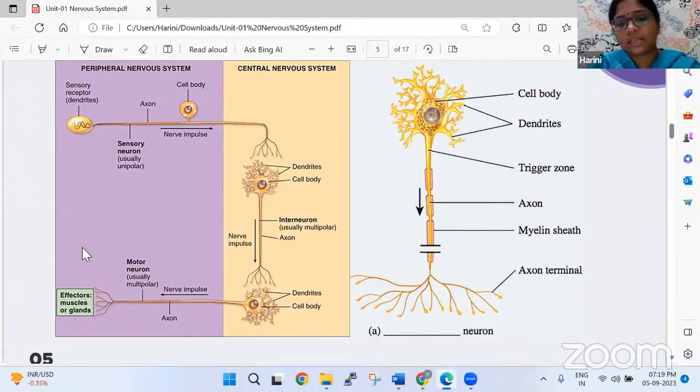And just give an example of how sensory information is transmitted, integrated, and then finally gives an action. So that's the function of the nervous system, right? Hope you're all getting through this, or am I making it simpler, right?